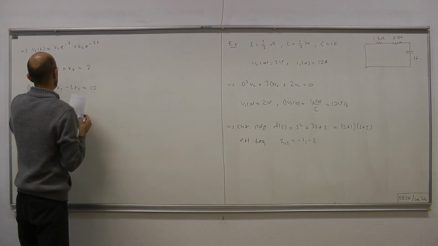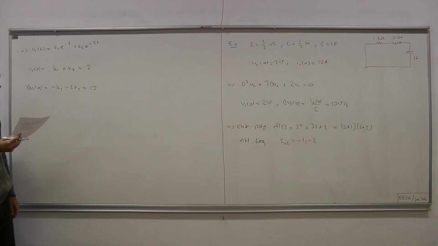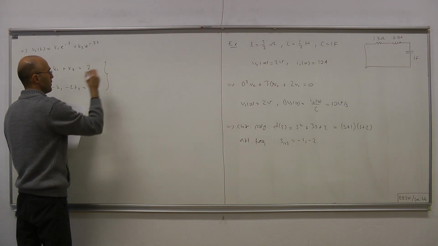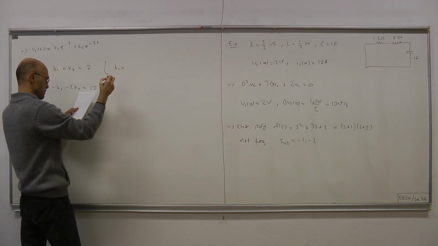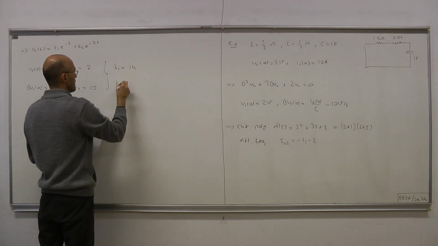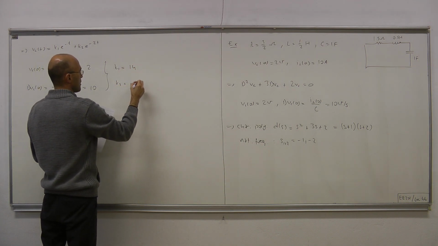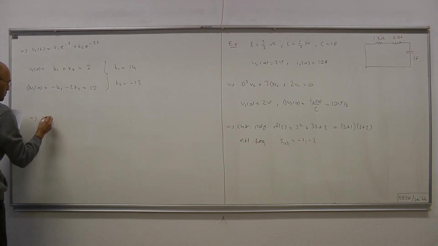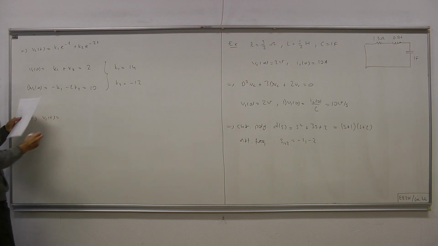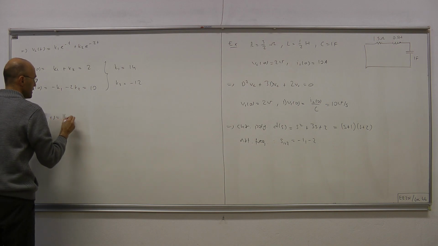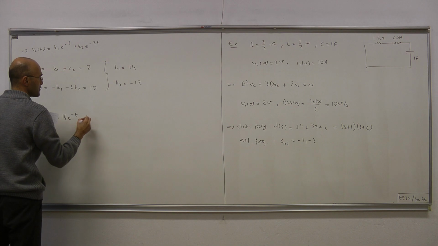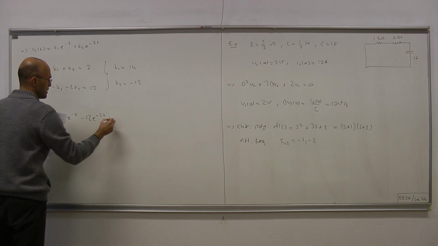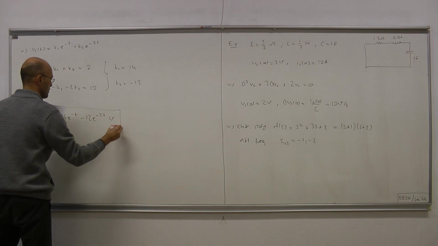Okay. So 2 equations, 2 unknowns, the solutions turn out to be K1 equals 14 and K2 equals minus 12. Therefore, capacitor voltage for future times is 14 e to the minus t minus 12 e to the minus 2t volts.